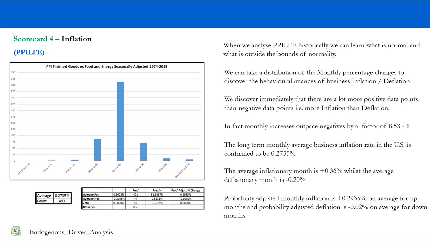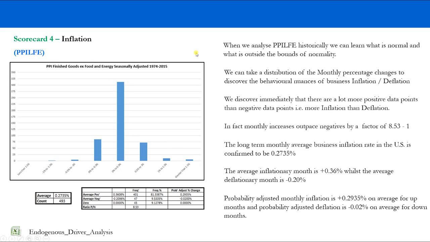Again, we discover immediately when we do this that there's a lot more positive data points than negative data points. So a lot more inflation than deflation. So everything to the right of here: 0 to 0.5%, 0.5% to 1%, 1 to 1.5%, and greater than 1.5%. So everything to the right hand side.